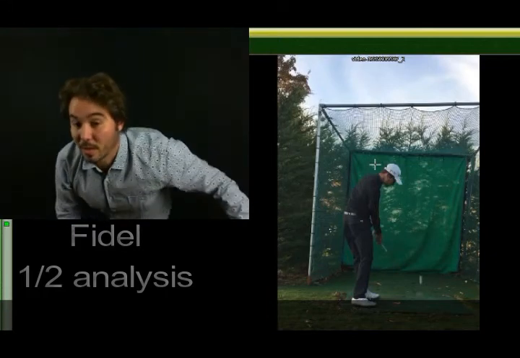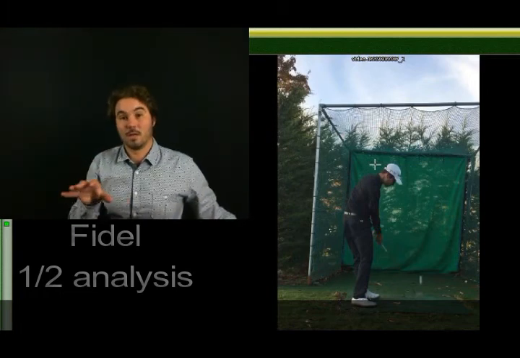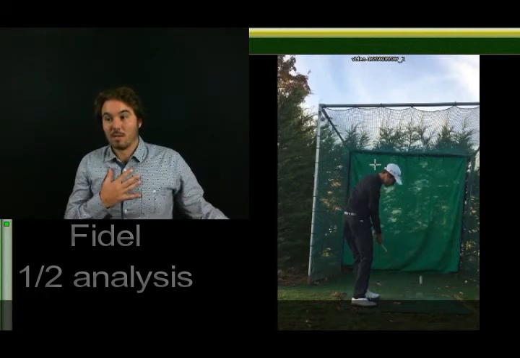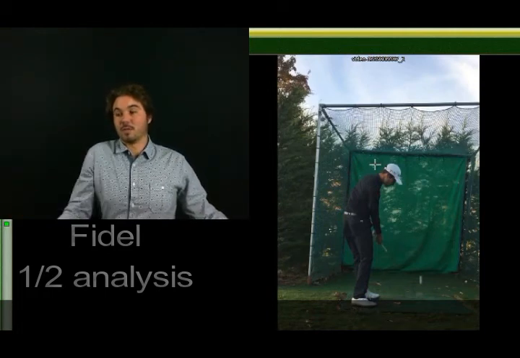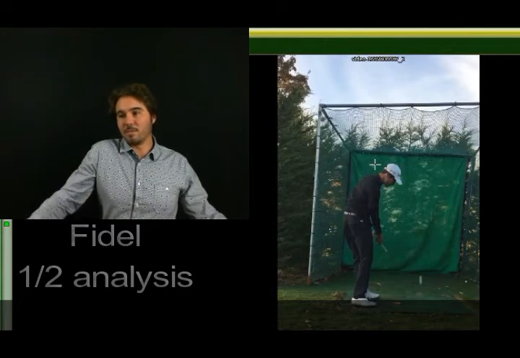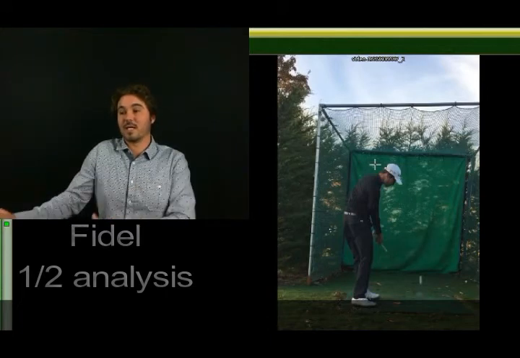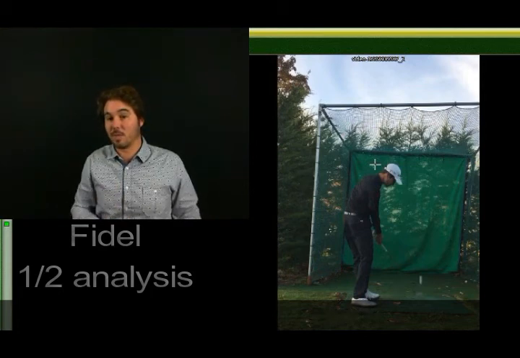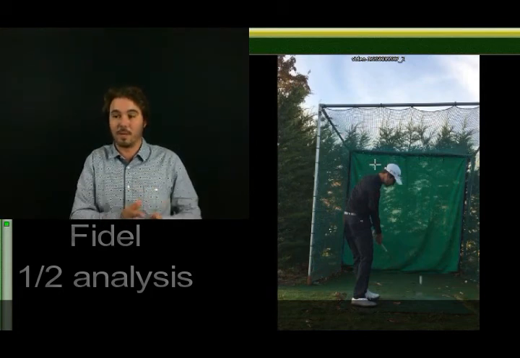In my opinion, his brain has figured out a way to have functional impact conditions. So the height of the torso, the amount of the bend in the right elbow, the flip, everything extends the swing arc, and it needs to match up. And the other thing that needs to match up is the ball flight pattern.